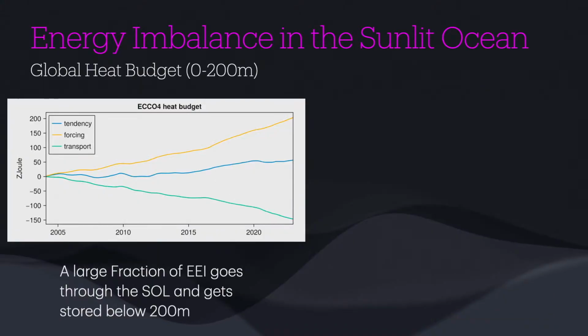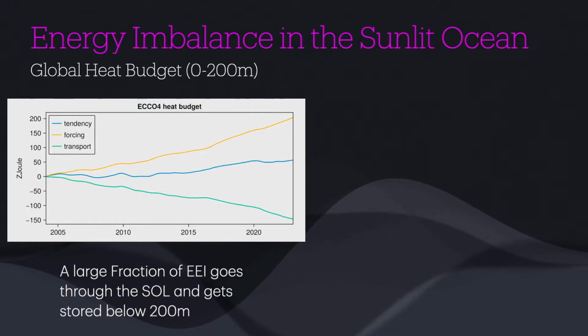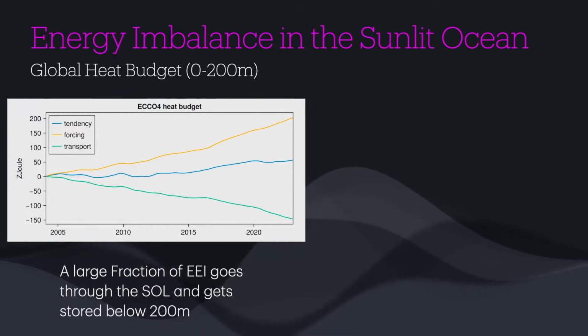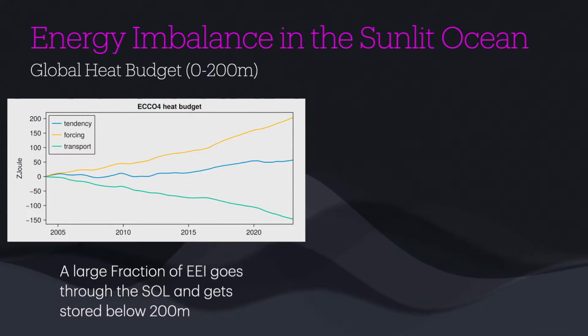And so one of the reasons that we want to use mechanistic models is ultimately we want to attribute these kinds of things. So we want to have heat budgets. That's why when I analyze these topics, I start from something like ECCO, MITgcm, that has a heat budget where the terms add up to 0. So in this plot, you're seeing the net change in temperature, essentially, in blue, for the layer between 0 and 200 meters.